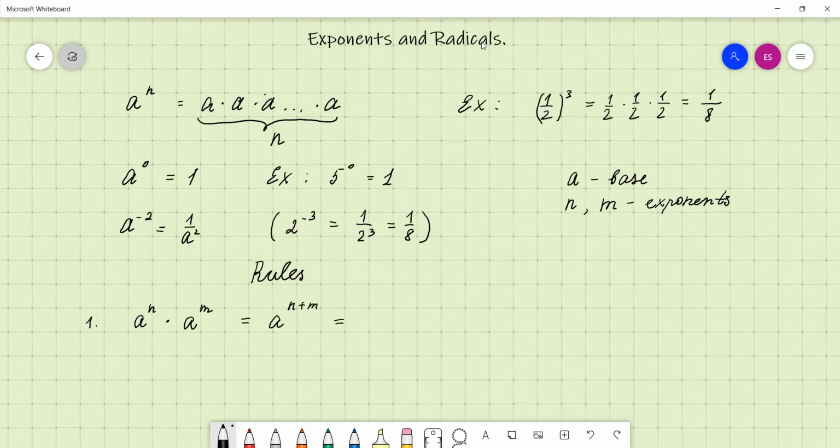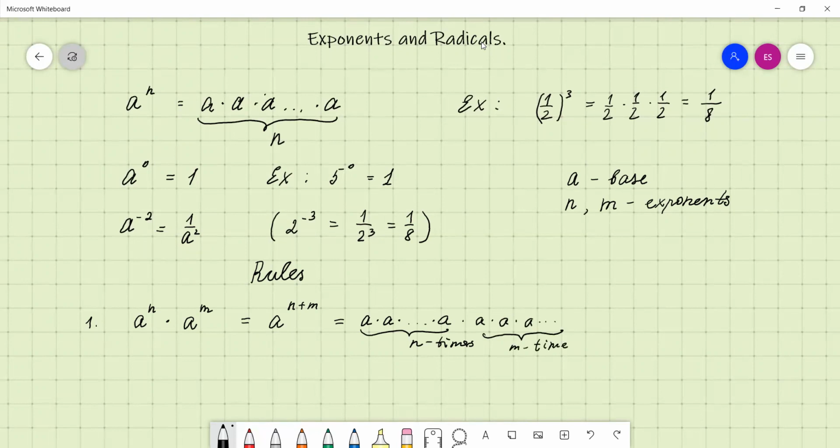How do we explain it? Why can we do this? Well, a to the power of n is a multiplied n times, right? And a to the power of m is a multiplied m times.